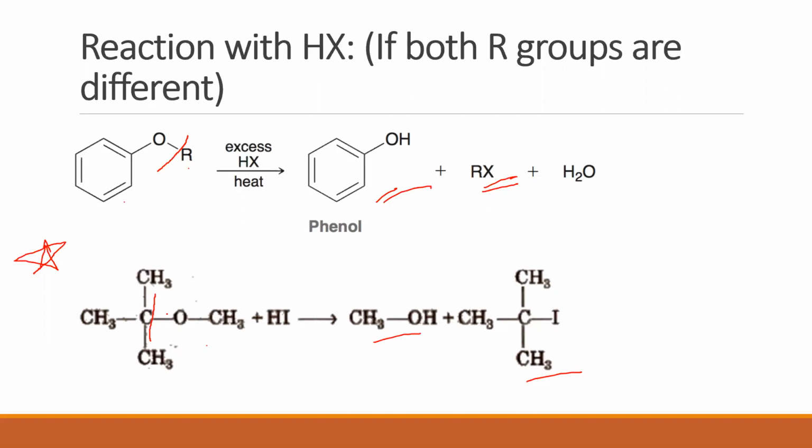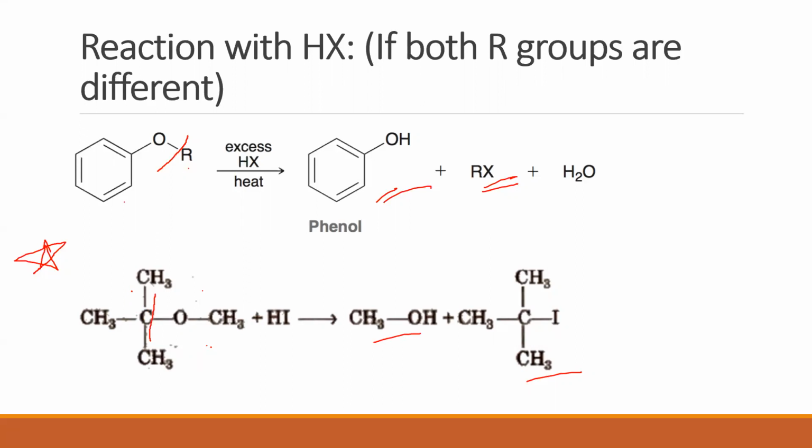The order of stability of carbocations follows tertiary, more stable than secondary, more stable than primary. So therefore, this portion will become the halide and this portion will become the alcohol. Clear? Got that?